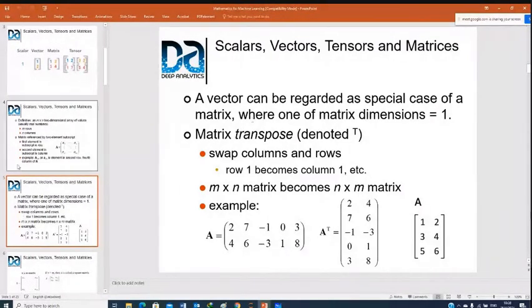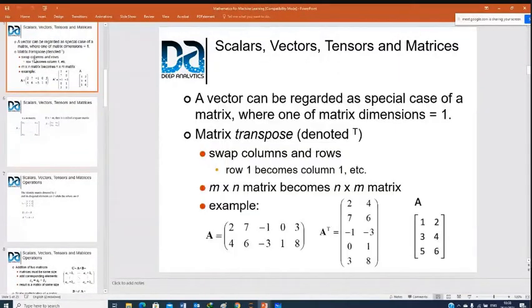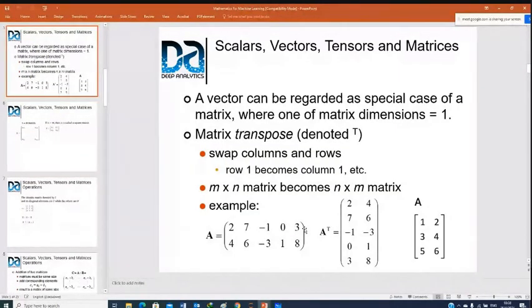Are there any questions on this? This one. Which one? This one.